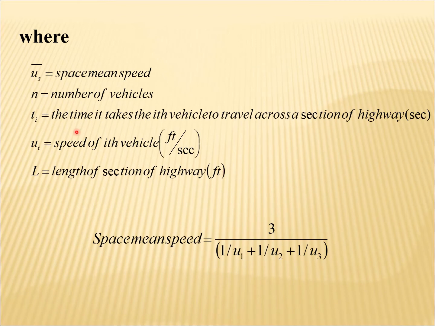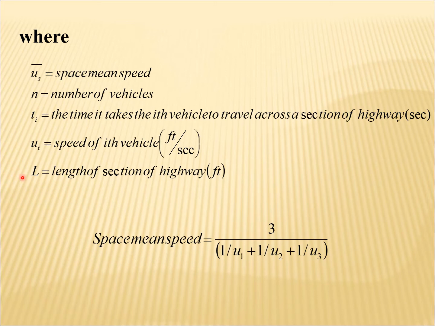So you can see that u sub s bar, that is the space mean speed, and n the number of vehicles, t sub i the time it takes the ith vehicle to travel across the section of highway, and u sub i the speed of the ith vehicle, and L is the length of the section of highway.